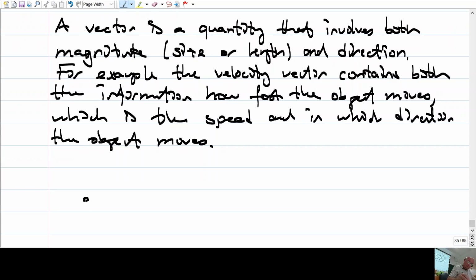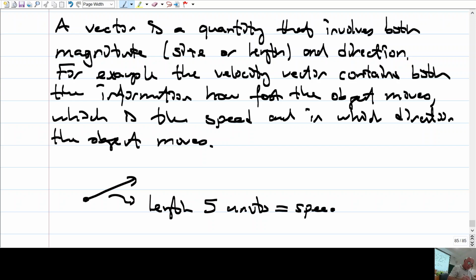For example, let's say the velocity vector is like this, suppose its length is let's say 5 units. So this length corresponds to the speed of the object, and the direction tells you in which direction the object moves. So it moves in this direction with speed 5 units per second, let's say.